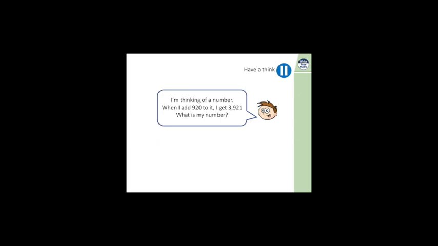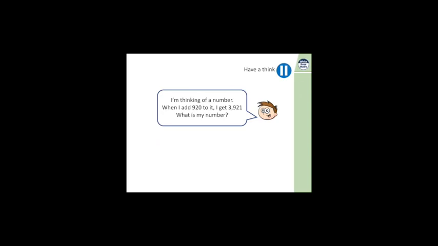Now, this young man's thinking of a number, and he says, when I add 920 to it, I get 3,921. What is my number? So, again, think of this question in terms of a bar model. He's thinking of a number. When 920 is added to it, he gets 3,921.